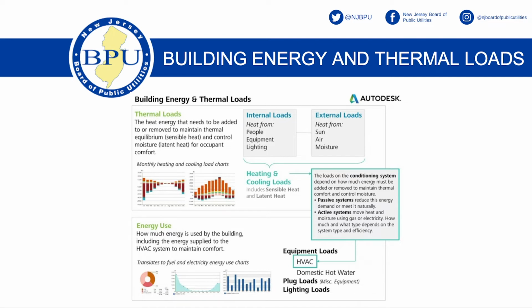What we want to do is reduce the loads, do the things that will lower the amount or the requirement for electricity or fuel before we do other things, particularly something like on-site generation.